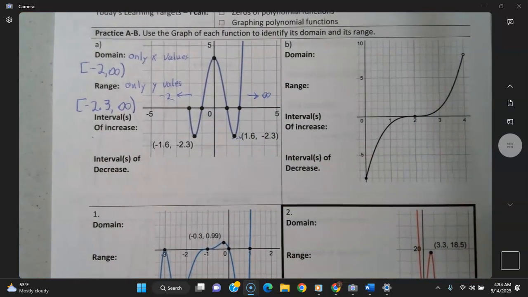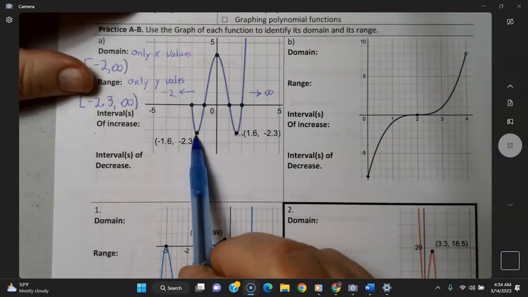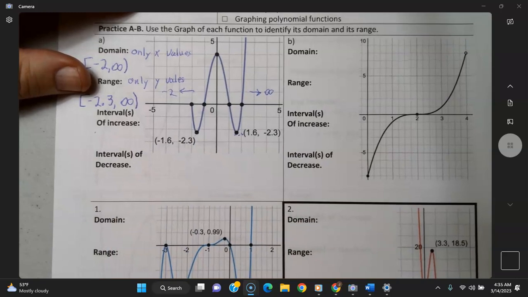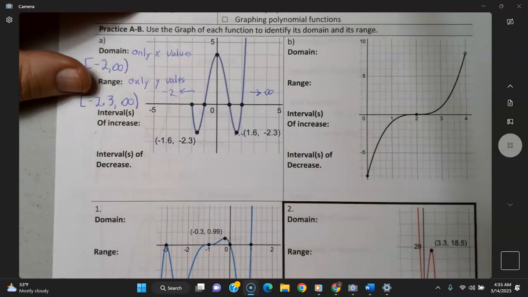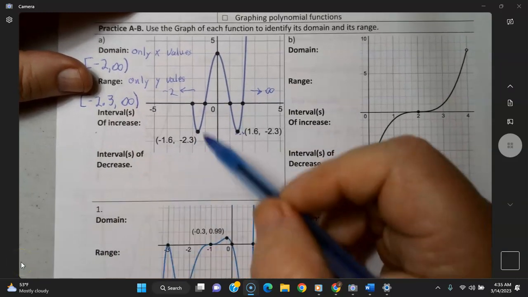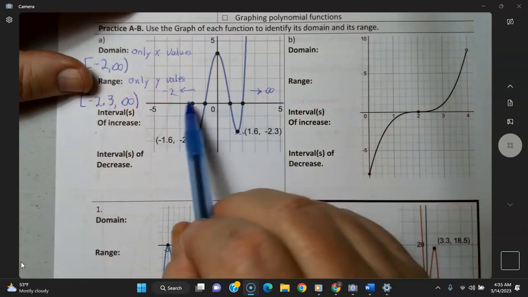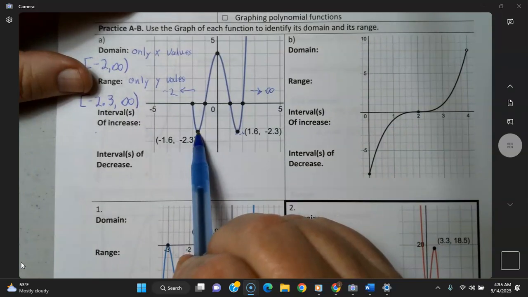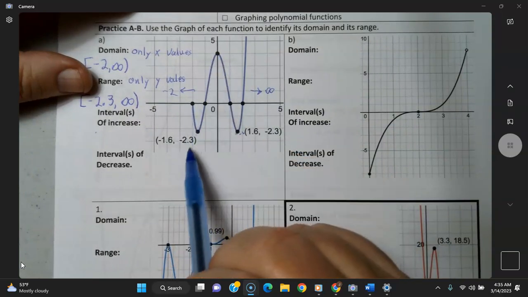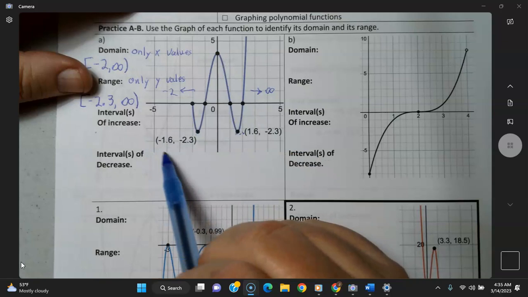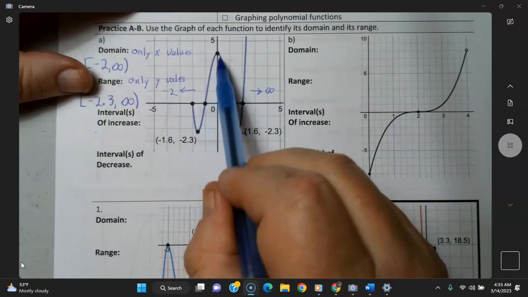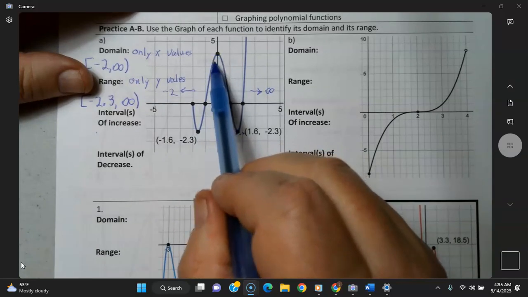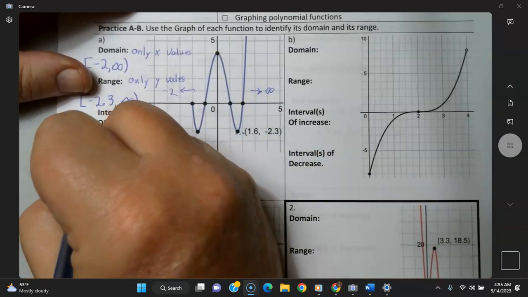Intervals of increase. Okay, let's start with those. It's increasing from this to this. Intervals of increase are only the x value. So where does it increase? It's increasing from here to here. The x value of this point is -1.6, and the x value of this point, directly above the origin, is 0.